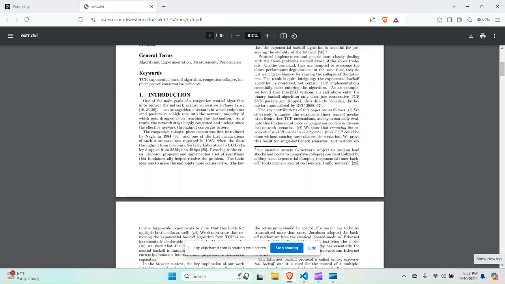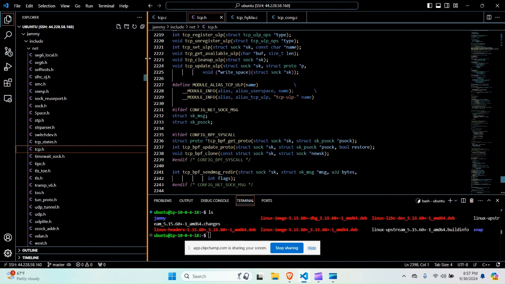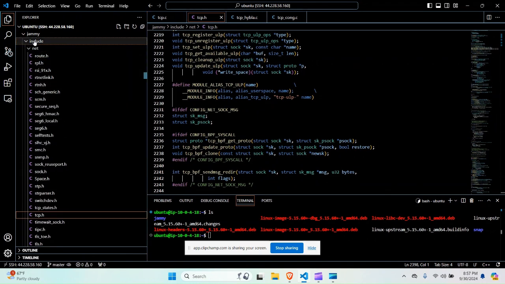I'll show you here. These are the TCP files that we are modifying. I'm doing it in an AWS instance here. I actually made the images, so let's come to this later.